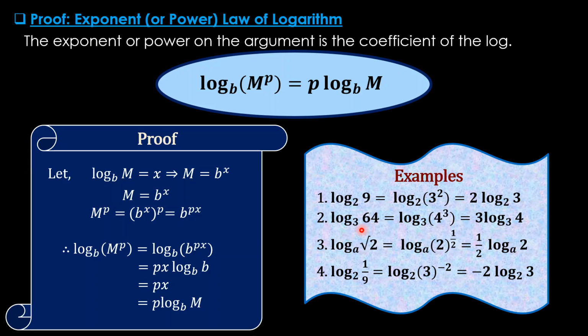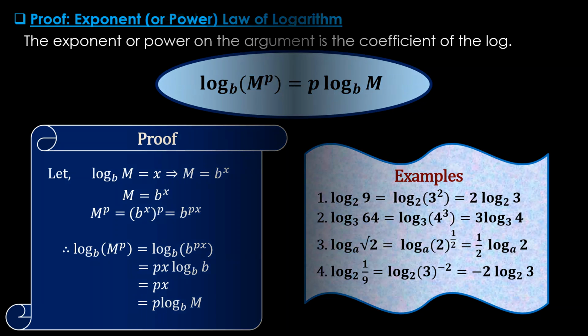Similarly, log 64 to the base 3 means we can write 64 as 4 cubed, so this power or exponent 3 comes as the coefficient of the log, so 3 log 4 to the base 3. Similarly, square root of 2 means 2 to the power half, so that half comes out as a coefficient like this. So this is very straightforward, we just have to follow the rule.